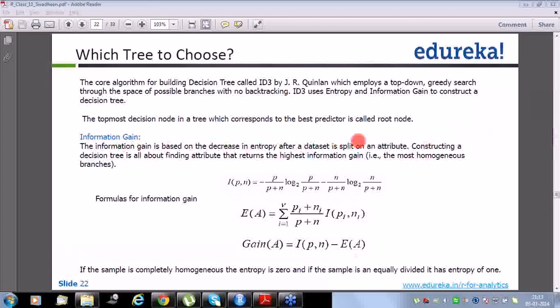So if we can identify each dependent variable category more easily, that means the entropy has decreased, and that was the objective. That is why we look at entropy.